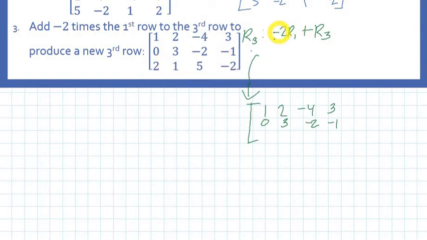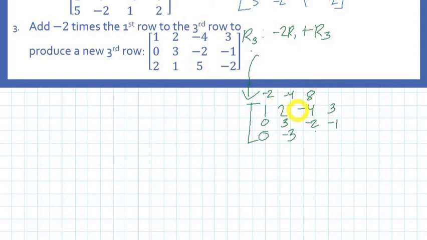So that would mean -2 times 1, that is -2. -2 plus 2 is 0. -2 times 2 is -4. Plus 1 is -3. -2 times -4 is +8.